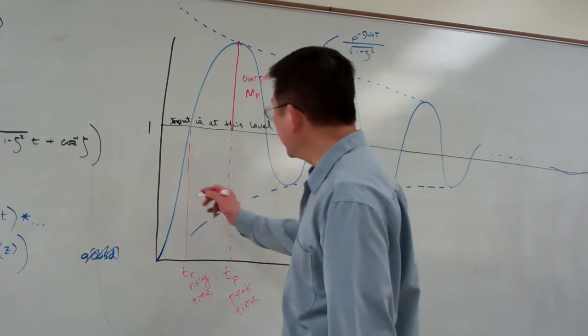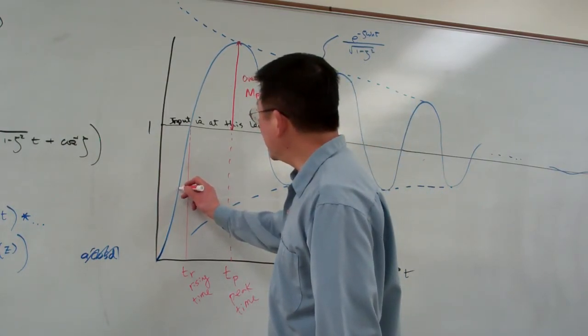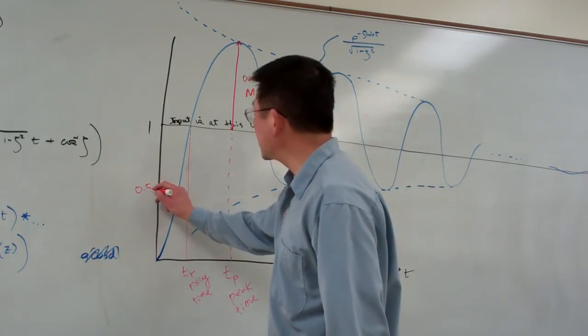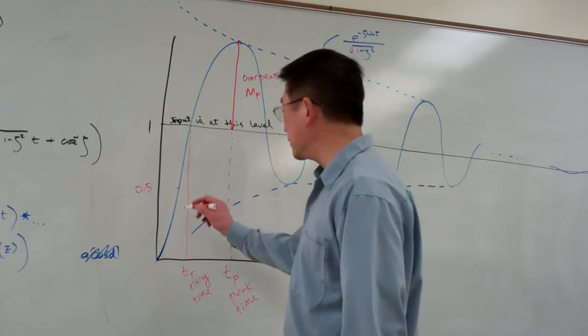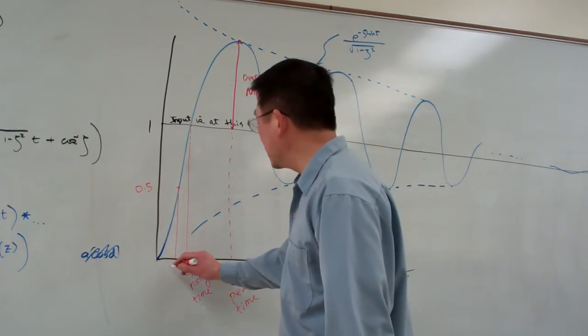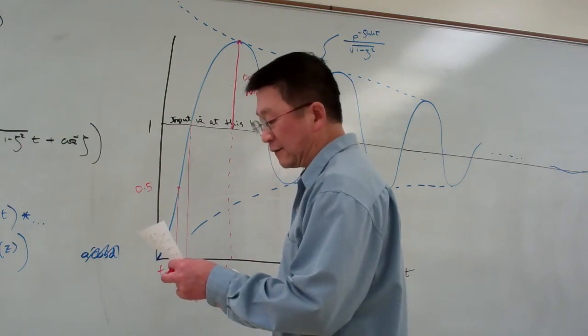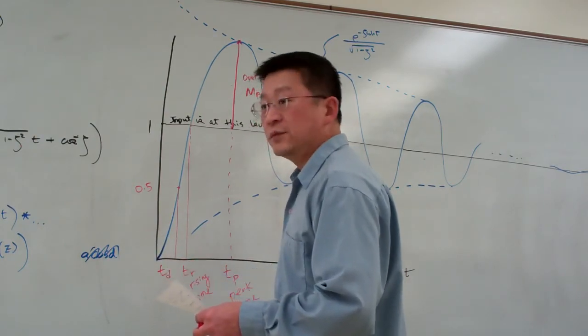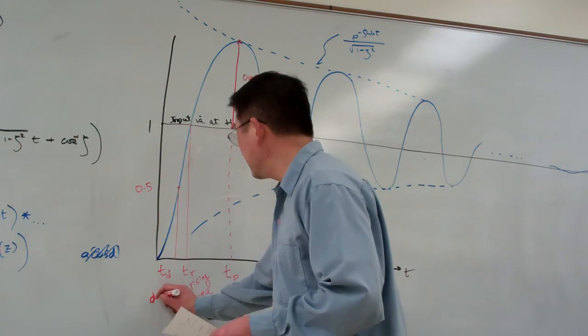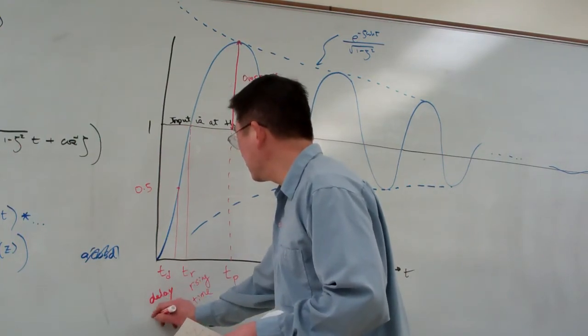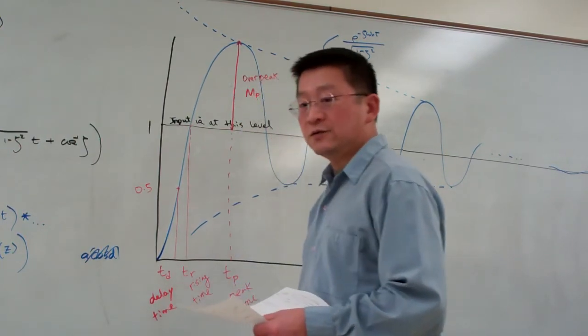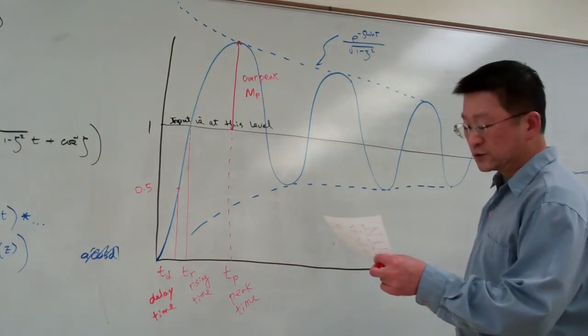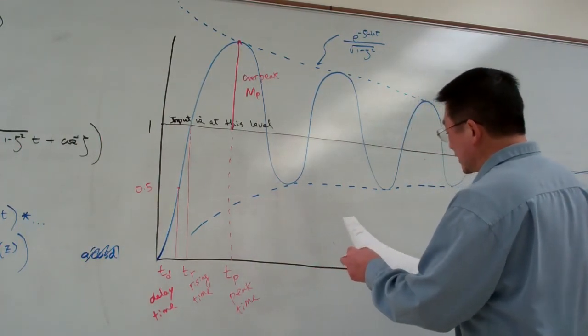And sometimes, in particular, people are interested in halfway to the 1. So here the corresponding one is called TD. D means delay time. So right now today you can put the names onto those, and the settling time.